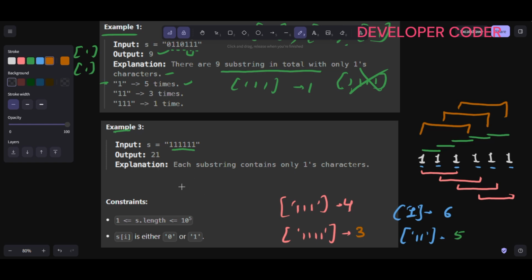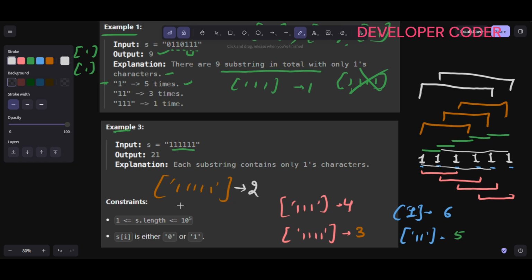Now after that, how many substrings of 5 ones can we form? So this is 1 and this is 2. First these 5 and then these 5. Only 2.